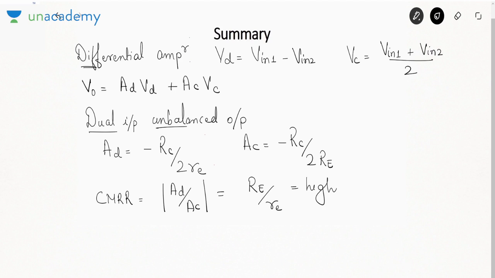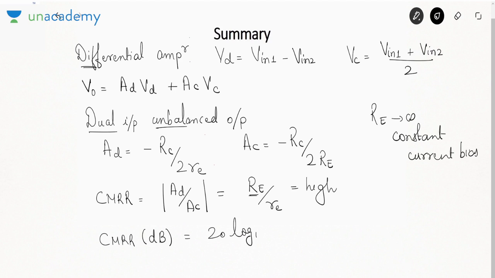And it will be infinite if this RE is infinite. RE can be made infinite by the use of constant current bias. And I also told you, in dB you can write it as 20 log on the base of 10 of mod of AD by AC.